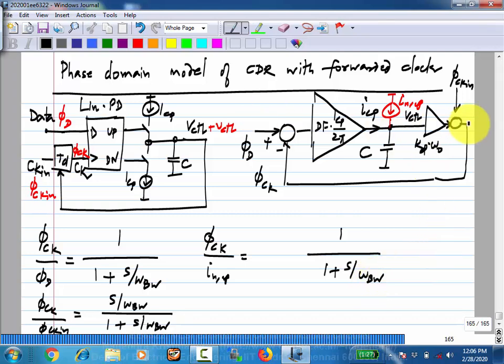It's the same transfer function as from phi d to phi ck, but there is an additional scaling factor. Okay, is this fine? So this is what we do with every phase domain model, of any CDR. The first thing to do is to construct the phase domain model, and then you can evaluate different relevant transfer functions, and from there you can calculate different quantities that affect the synchronization. Okay, is this fine?